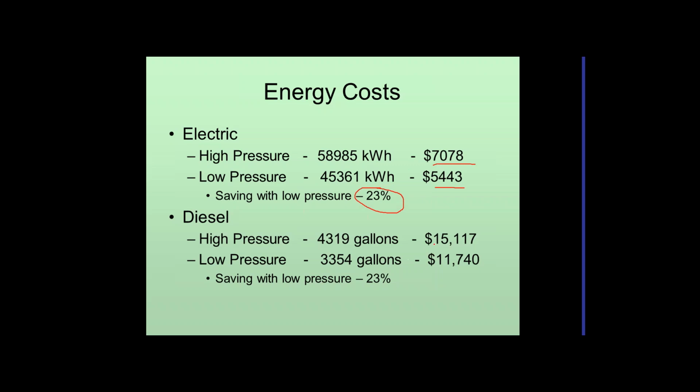At $3.50 a gallon, my cost is about double that. With diesel prices coming down, it's going to be somewhat less than that, but still there'll be this savings between high pressure and low pressure. So typically electric's going to be cheaper to run than a diesel generator.